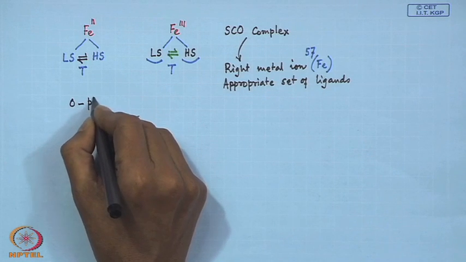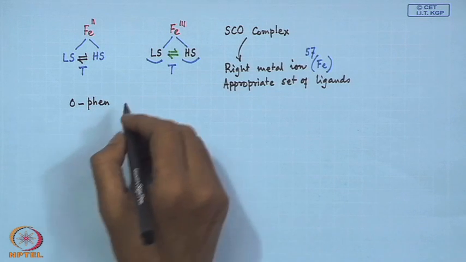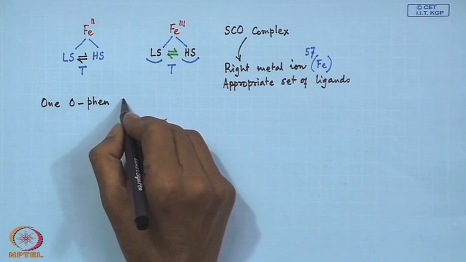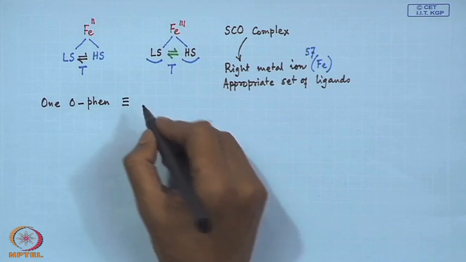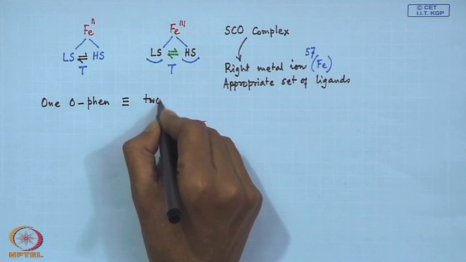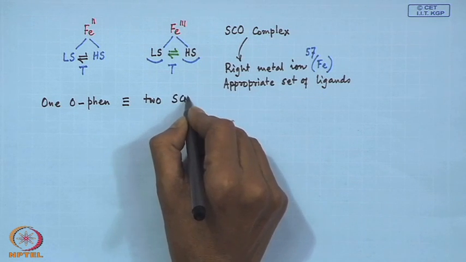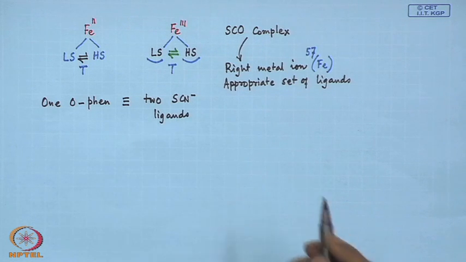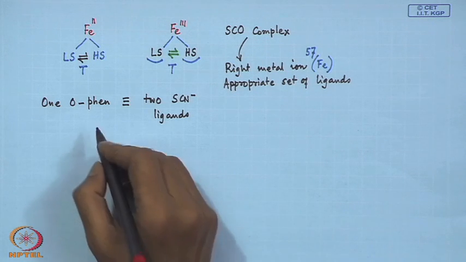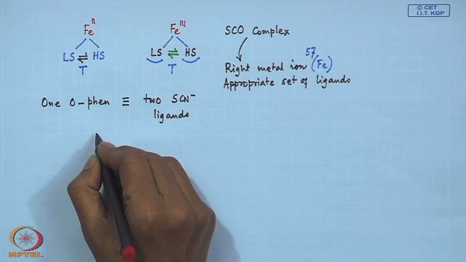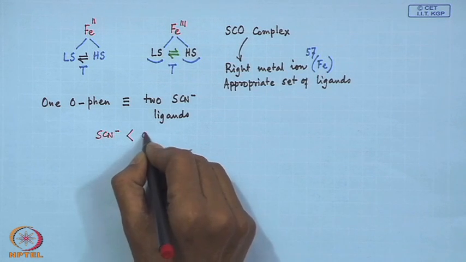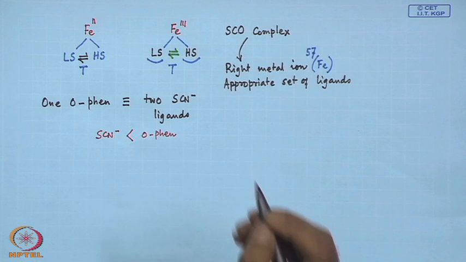So, one orthophenanthroline is changed with 2 SCN minus ligands, and in the spectrochemical series we all know that SCN minus is less than orthophenanthroline.